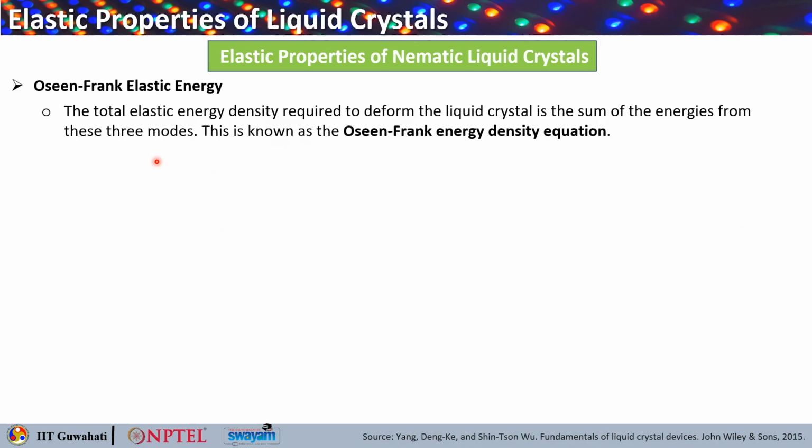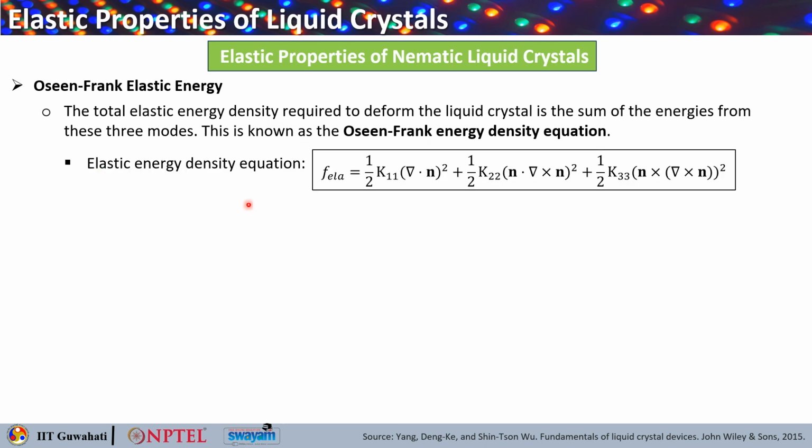You can obtain the total elastic energy density required to deform the liquid crystal, which comes out as the sum of the energies from these three different modes, and this is known as the Oseen-Frank energy density equation.